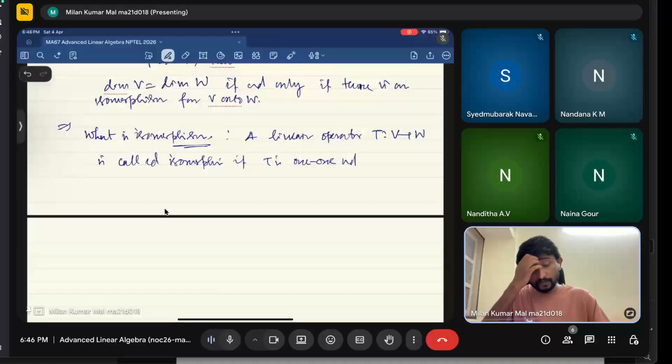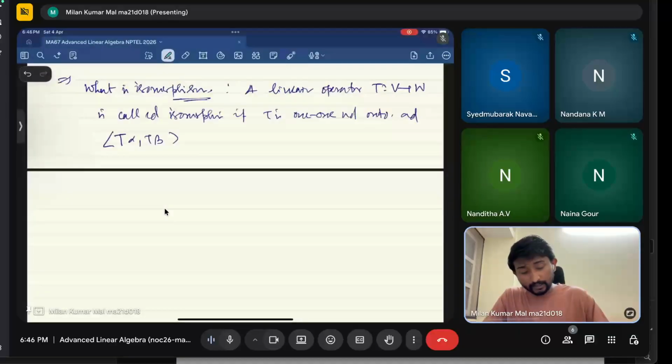Note that alpha and beta are in V and this is in W, for all alpha, beta coming from the inner product space V.